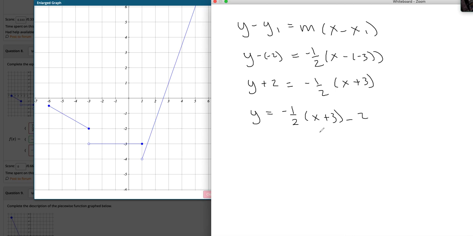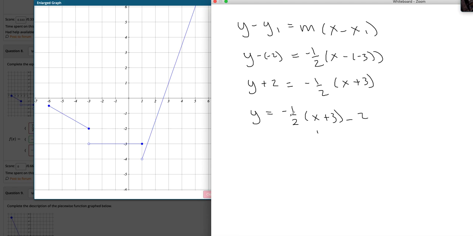And what we're going to learn in the next chapter, I think it is, where this will come up, is transformations, and we'll see it with absolute values and roots and parabolas and exponentials and pretty much every other function we do. But at this point we haven't learned it yet. But what this is going to end up meaning to us later is that we have a line and it has a slope of -1/2, so I know wherever it is it's going to go over 2 and down 1.